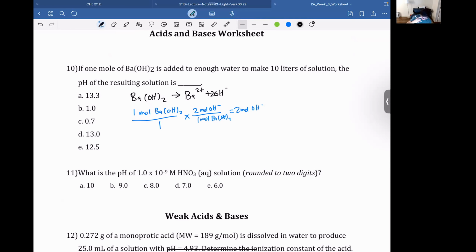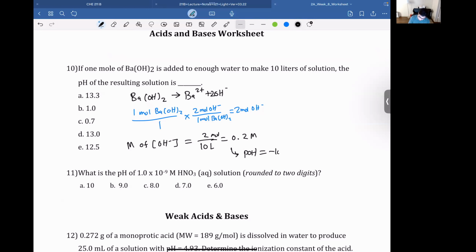All right, so now we can use our molarity. So the molarity of OH minus is going to be 2 moles over 10 liters, which is 0.2 molar. And then we want pH. So again, we're going to go to POH because we can get pH from POH.